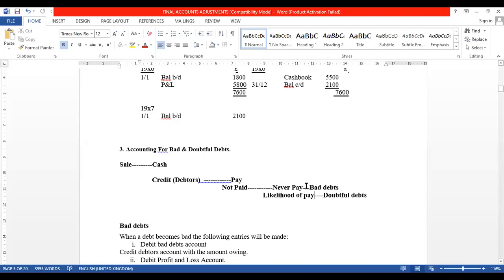that is what we're calling doubtful debts. It is important for you to note them and probably subtract them from the total debtors so that the figure that you have in the total debtors is realistic.